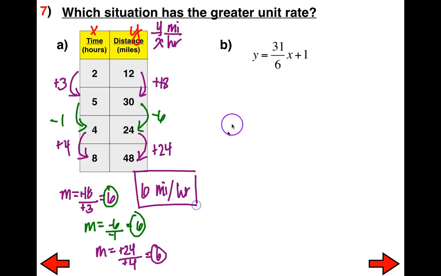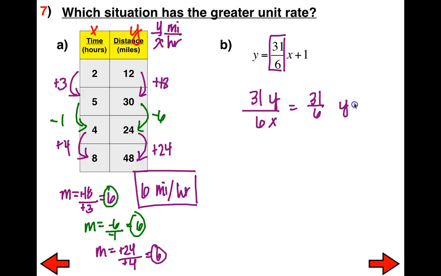But what about the equation here? If you remember, this term right here was the unit rate. But what does it mean? It means 31y per, whoops, I didn't write the right variable, 31y per 6x, which is the same thing as 31 over 6 y per x.